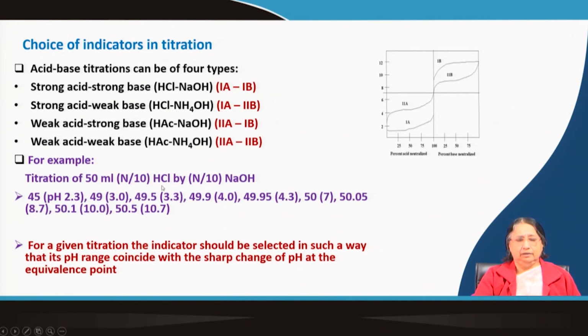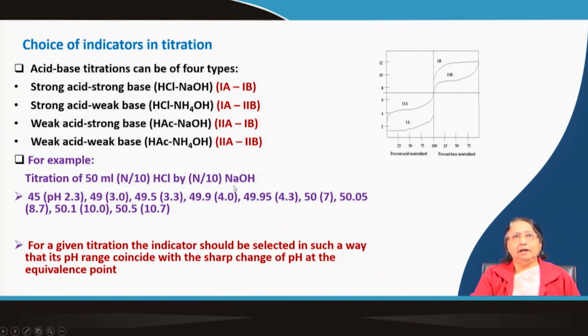It is a titration between the strong acid HCl and NaOH. You have taken 50 milliliter of N/10 HCl, for example, in a conical flask. Then you have taken N/10 NaOH solution in the burette.